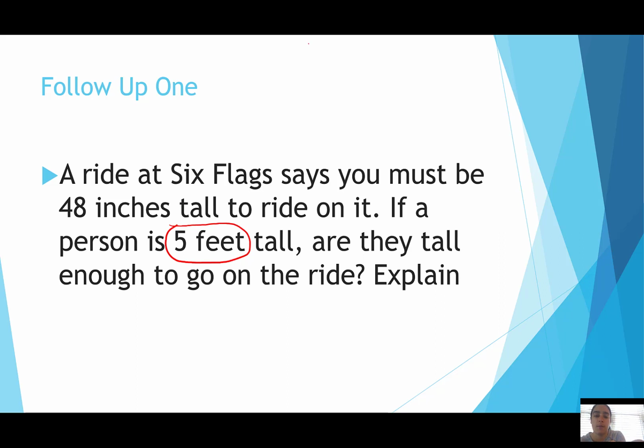So I'm going from feet to inches. I'm making two equivalent fractions with feet, inches, feet, inches.